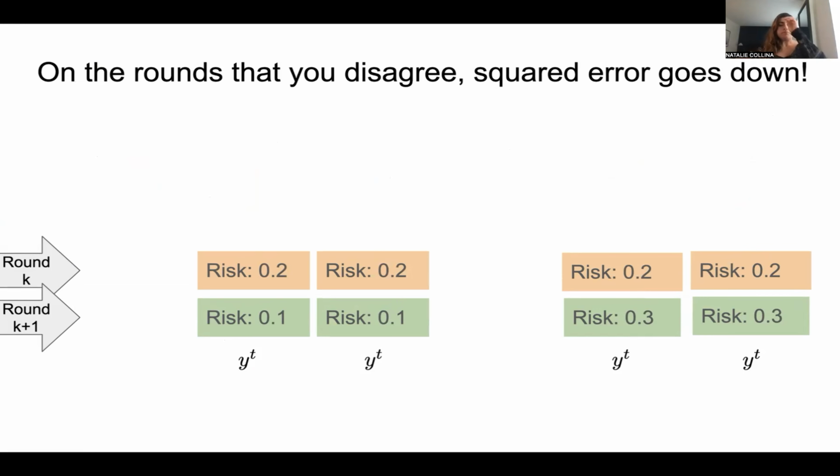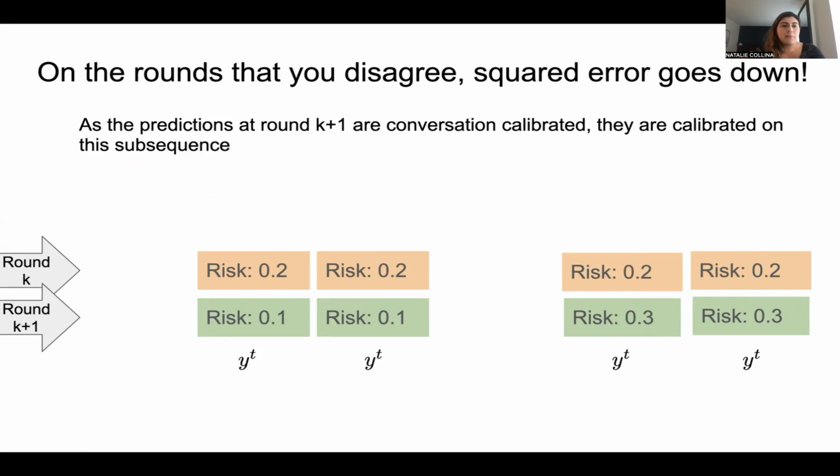Remember that the predictions around K plus 1 are conversation calibrated. So precisely what that means is that if you look at the intersection of when they predict something and when the person in the round before predicts something, it should be unbiased. And in fact, that's exactly what we're getting in this case.